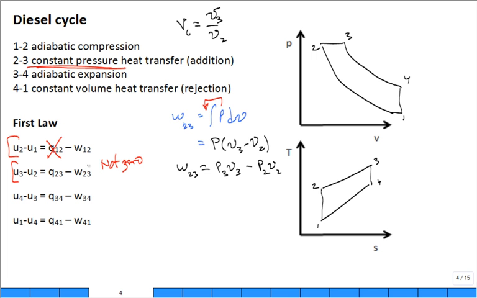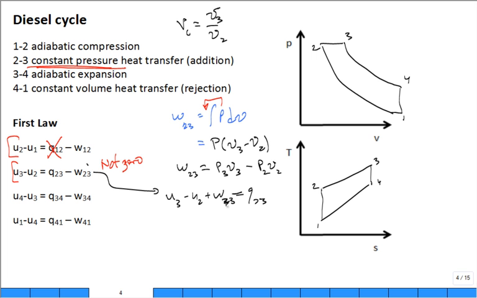So now what you can also do is go back to this equation, first law, and you can throw this work 2 to 3 to the other side. So we'll have U3 minus U2 plus work 2 to 3 equal to Q 2 to 3.